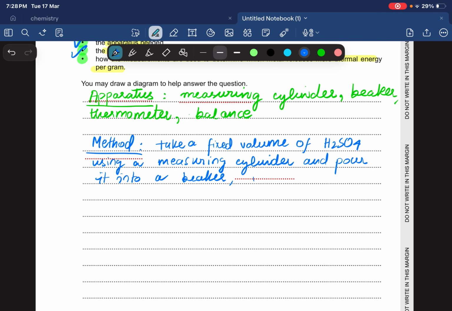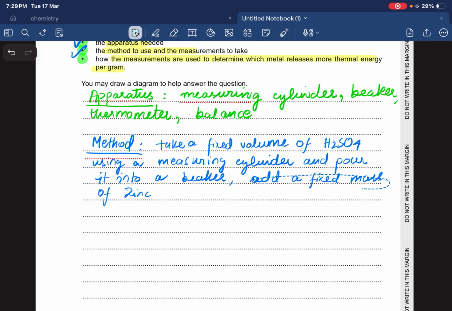Then add a fixed mass of zinc. No, first you have to record the initial temperature and then add zinc. So you have to make sure you're writing it in the correct order.